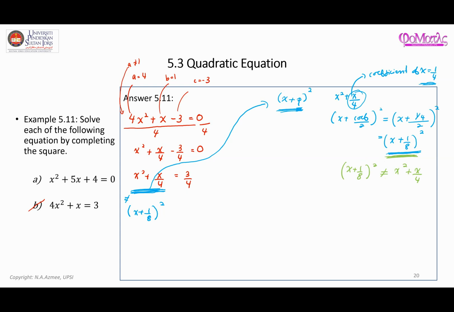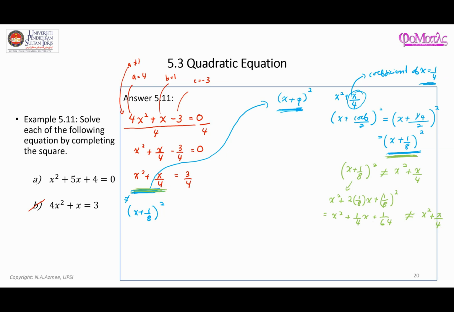Now you can see that when you expand this, it becomes x squared plus 2 times 1 over 8 x plus 1 over 8 squared, and this is actually x squared plus 1 over 4 x plus 1 over 64, which clearly is not equal to x squared plus x over 4 that you have over here.